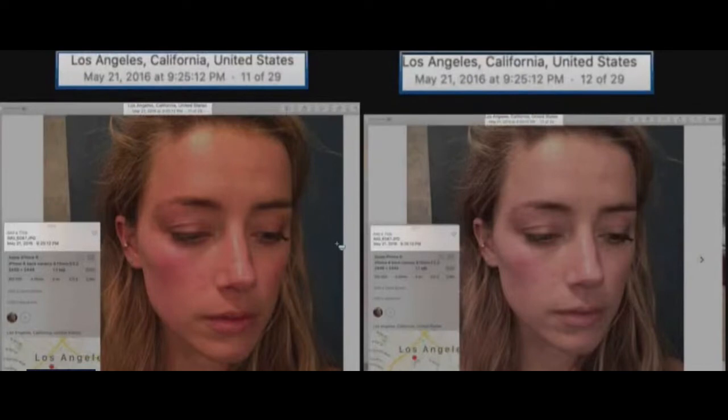Sir, you just agreed with me that those two photos are different photos, correct? I agreed that they were visually different, yes. Right. So they are two visually different photos that were created at the exact same hour, the exact same minute, the exact same second as each other, correct?